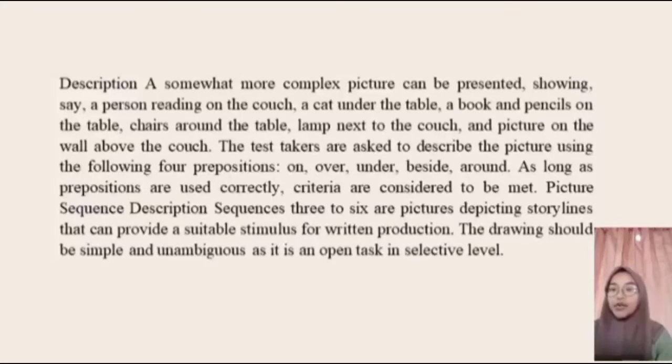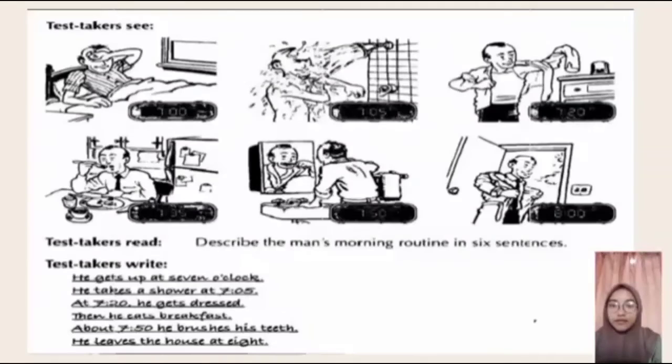Picture sequence description. Sequences of 3 to 6 pictures depicting storylines can provide a suitable stimulus for written production. The drawing should be simple and unambiguous, as it is an open task at the selective level.